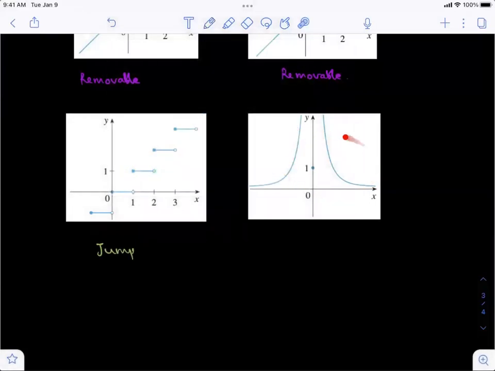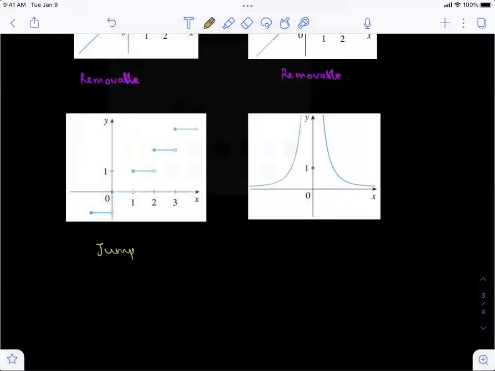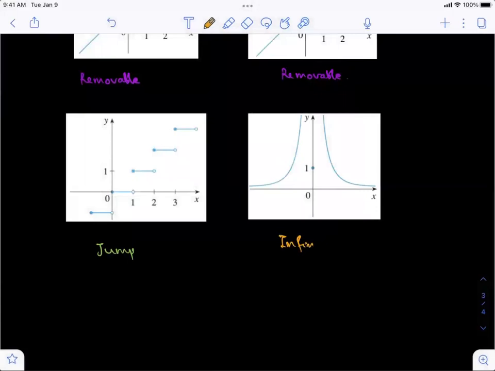For the last picture, you have infinite discontinuity because the limit as x approaches 0 from the left goes to positive infinity, and the limit as x approaches 0 from the right also approaches infinity. Therefore, you classify this one as infinite discontinuity.